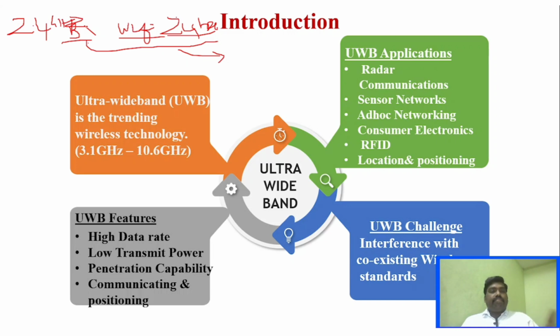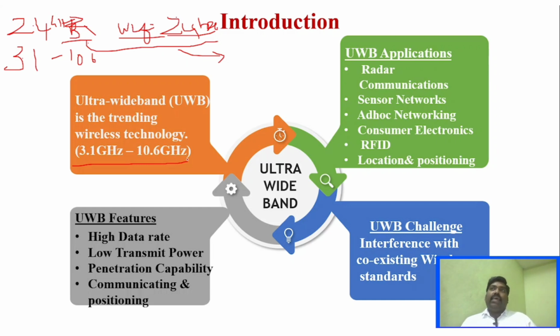But in UWB technology, we have a wide range of frequency. That is, the bandwidth of UWB is very wide. It covers from 3.1 gigahertz to 10.6 gigahertz. You can see 3.1 to 10.6, where you have a very wide bandwidth. When we say wide bandwidth, that plays a very important role in wireless communication.